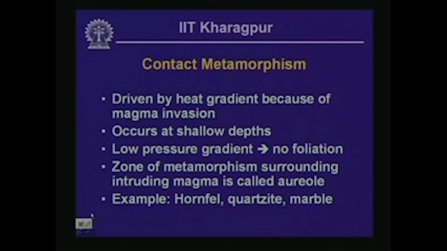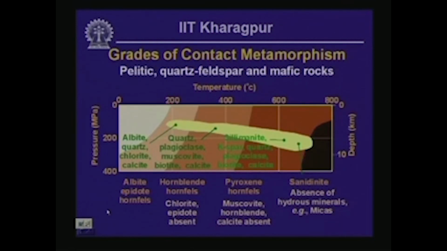Now, we want to have a look at different grades of contact metamorphism, and as we have learnt earlier, the pressure increase in this case is going to be relatively modest.